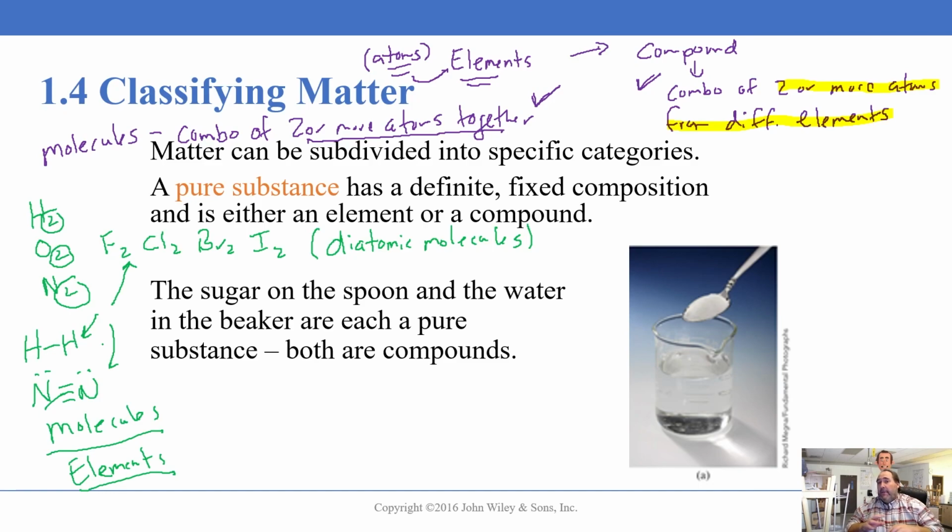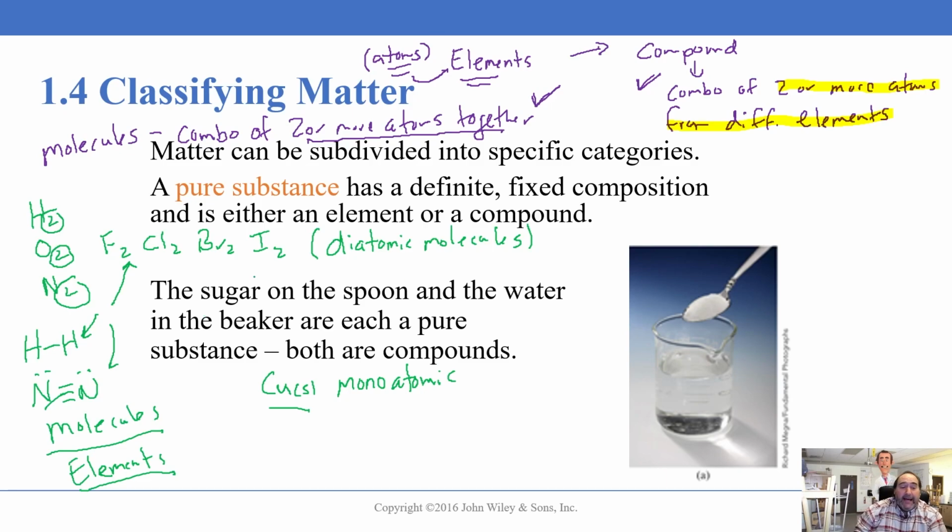When they are by themselves, not combined with anything else, they naturally come as diatomic molecules. That is different than, say, a piece of copper metal, which is monoatomic. Mono meaning one atom. They come as ones. So there are elements that are molecules, and these are examples of the seven.